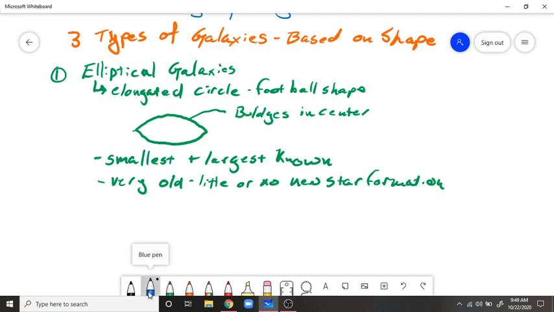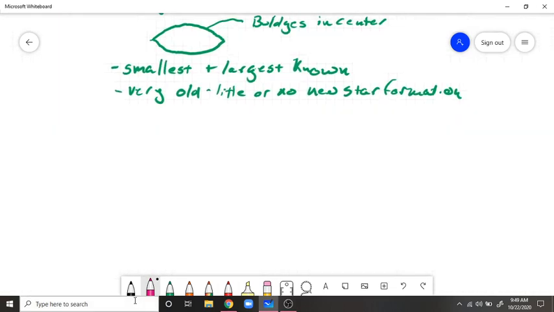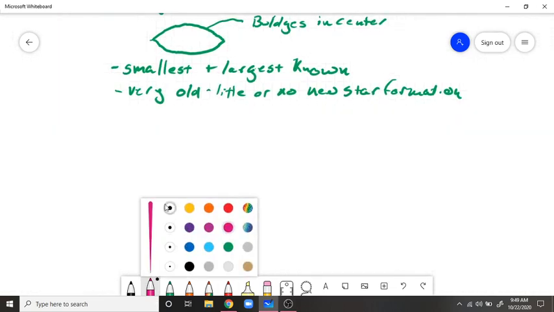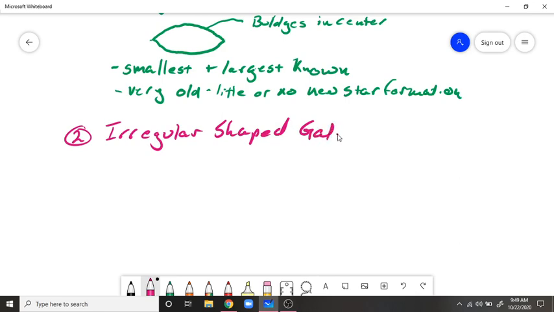Next on our list of galaxy shapes are the irregular shaped galaxies. And as you can figure out from the name, these have no defined shape.